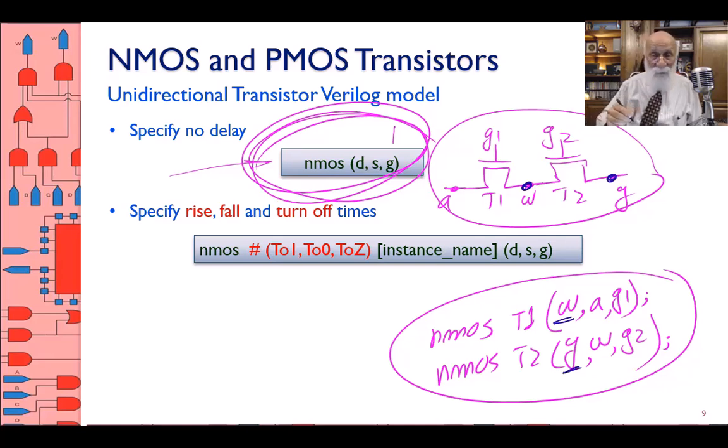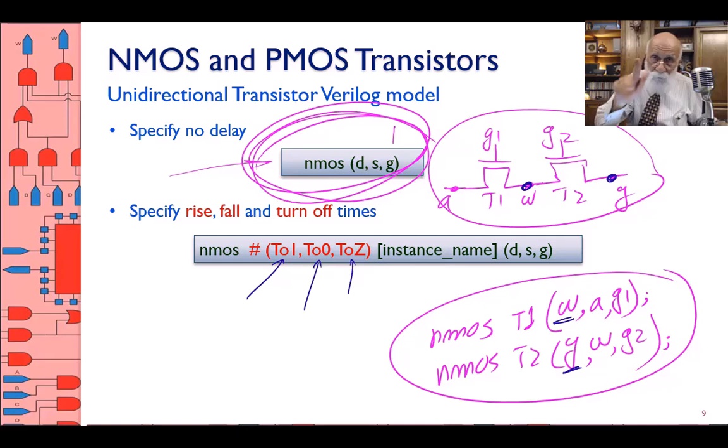It says, when something happens and the output is changing to 1, that change occurs after the delay that you have put over here. That's why we call it to 1 delay. If something happens and the output changes to 0, this happens after the to 0 delay. If something happens and the output changes to Z, it happens after this.